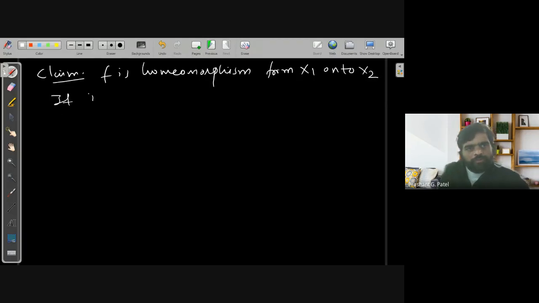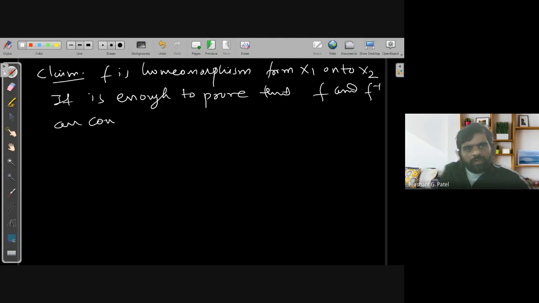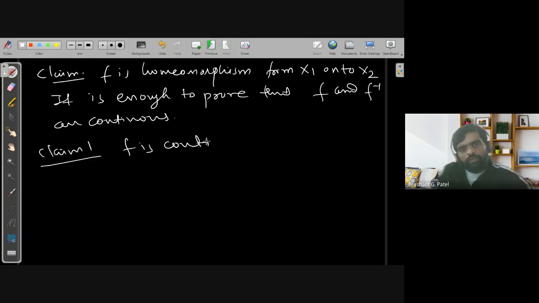It is enough to prove that f and f inverse are continuous. So claim 1, that is, f is continuous. How to prove that f is continuous?